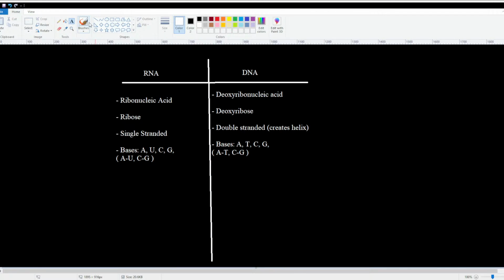All right, so let's look at the individual monomers. Let's draw out DNA then. So for DNA, let's draw a little pentagon here. That's our 5-carbon sugar.